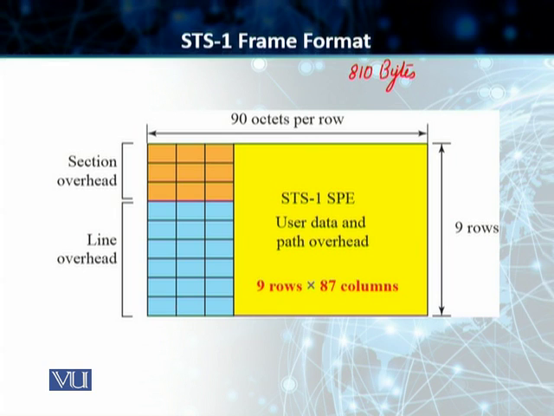Out of this, the first 3 columns of the frame are used for the section and line overhead, and the upper 3 rows, this bit out here, represent your section overhead. The lower 6 represent your line overhead, and the rest of the frame on the right hand side is called the synchronous payload envelope.